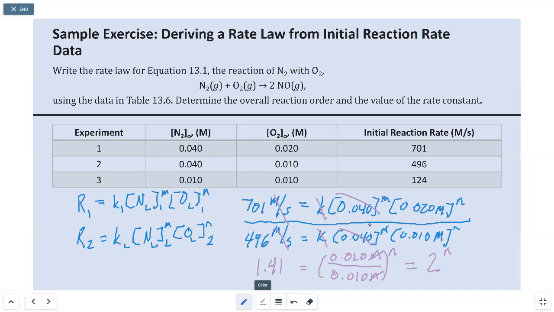To get this exponent out, we need to go log of 1.41 is equal to log of 2 to the N. Log of an exponential term turns this into N times the log of 2.